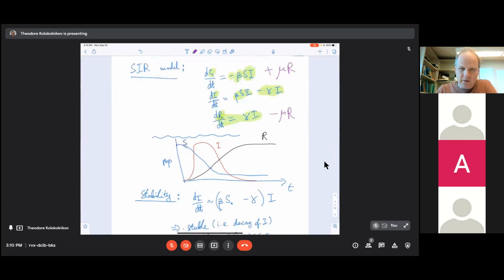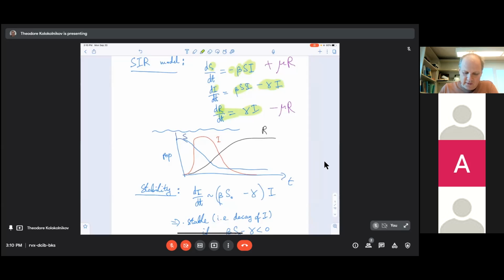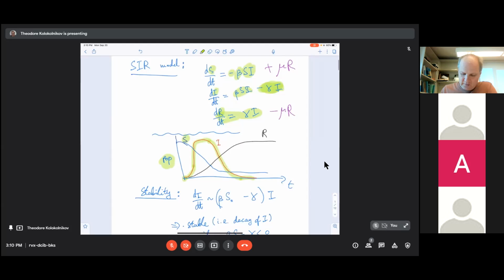Okay, and this is the typical graph that one gets, where you have an infection starting with very low numbers, growing exponentially at the beginning, then eventually, as the susceptible class goes down in numbers, it saturates at some point. And then because of this gamma term, minus gamma I, it goes back down to zero. So that's the typical progression of an epidemic using this model.